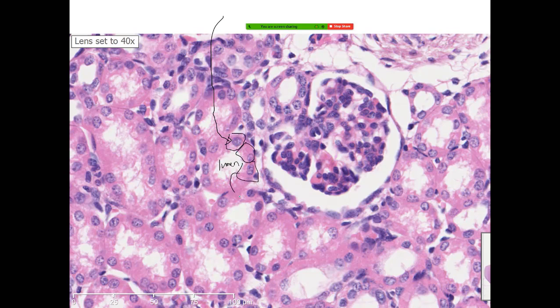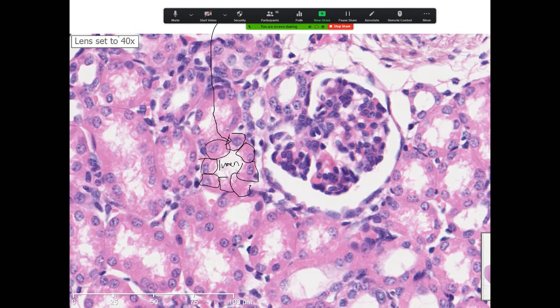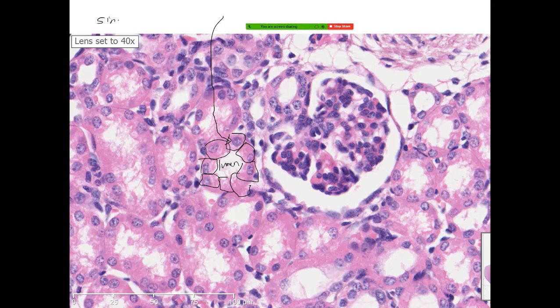Okay, of course I'm making it a little bit obvious like this. You see one layer here. So we know it's simple. Okay, what's the shape of this here? And you notice that the shape is kind of as tall as it is wide, so it's going to be cuboidal epithelium.